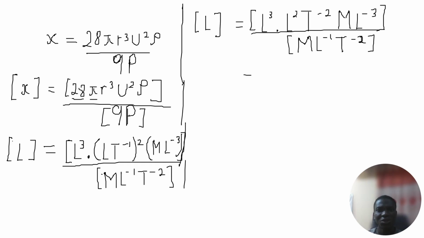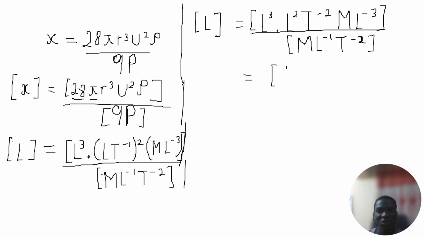Let's move on. Here we have L raised to the power 2, L raised to the power 3, L raised to the power 2. That will be L raised to the power 3 plus 2, which is 5, then minus 3, that's L raised to the power 2. You may want to check your indices in maths.